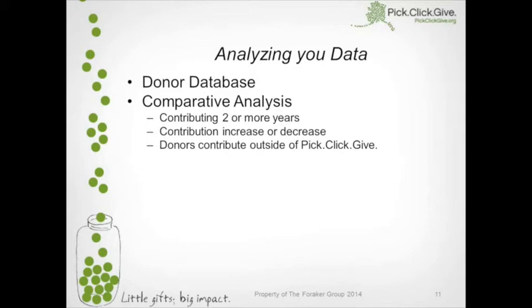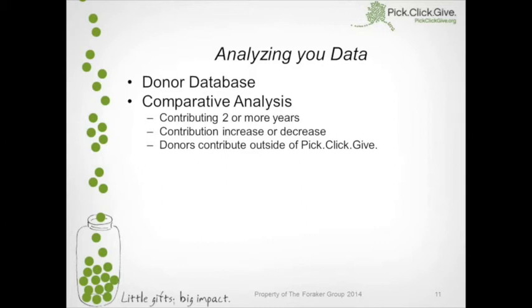Like I just talked about, if you have 2 or more years, you can start to see who likes to contribute through Pick.Click.Give and who is continuing to choose your organization. That will start to show a consistency and a connection to the work that you're doing. You can look and see the contribution. Is that contribution increasing or is it decreasing? Again, to help you to understand your donors' connection to the work that you're doing.